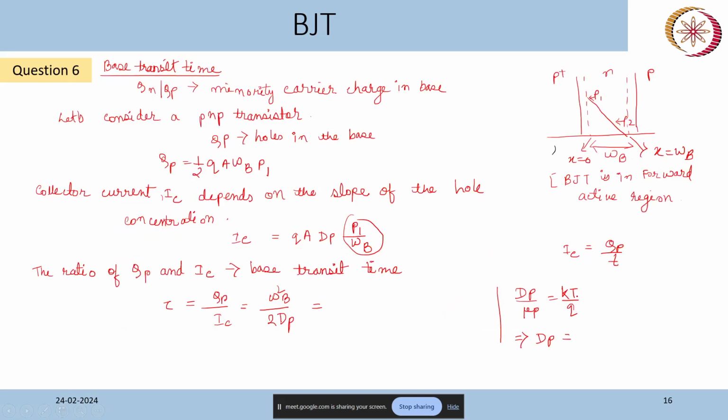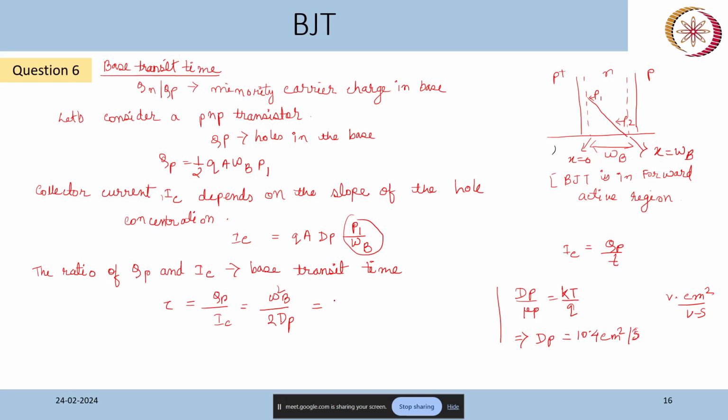So the unit: this is volt, and the unit for mu p is centimeter square per volt second, so the unit will be centimeter square per second. That is the unit for diffusion coefficient.